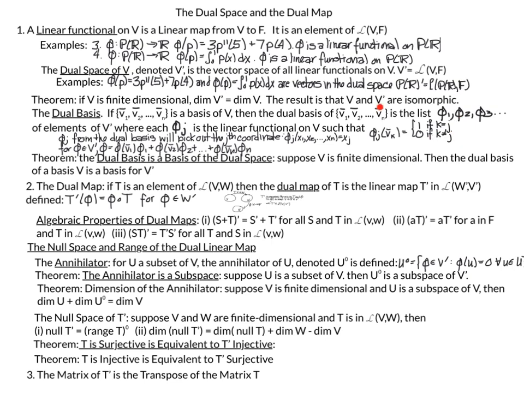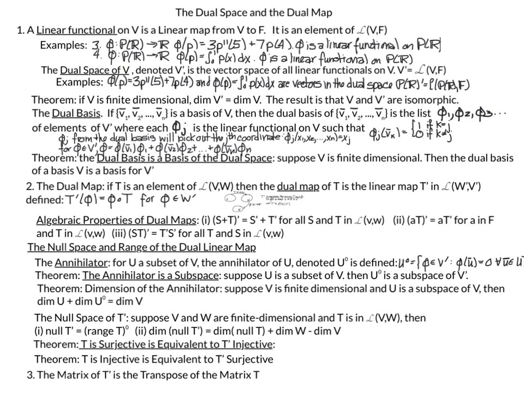And in effect, this dual basis will pick out the jth coordinate of any vector in our vector space V. And we have this theorem here: the dual basis that we just defined above is a basis of the dual space.